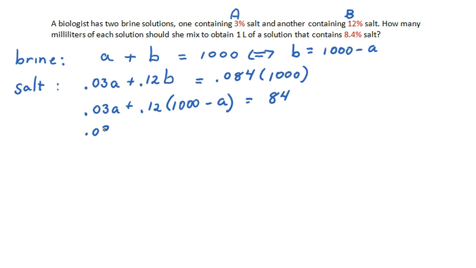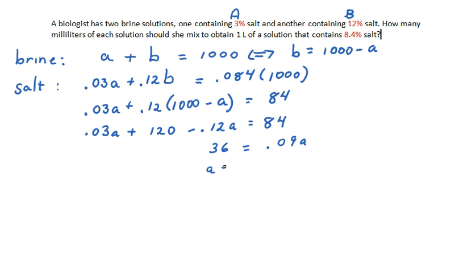So 0.03A plus 120 minus 0.12A equals 84. 120 take away 84 is 36, and that's going to equal 0.09A.